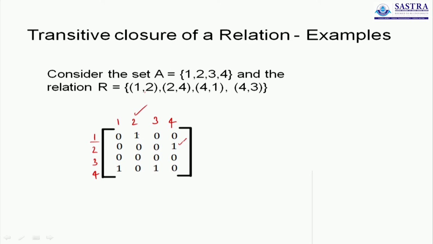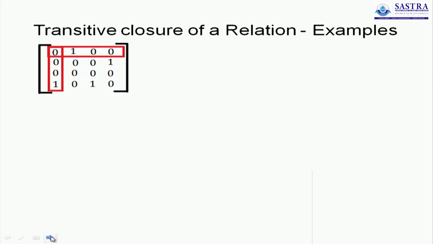Now let us try and execute the Warshall's algorithm and see if we can generate the transitive closure here. So the algorithm works column wise. You do the iterative procedure comparing the first row and first column, and then the second row and second column, and then the third row and third column, and then the fourth row and fourth column.